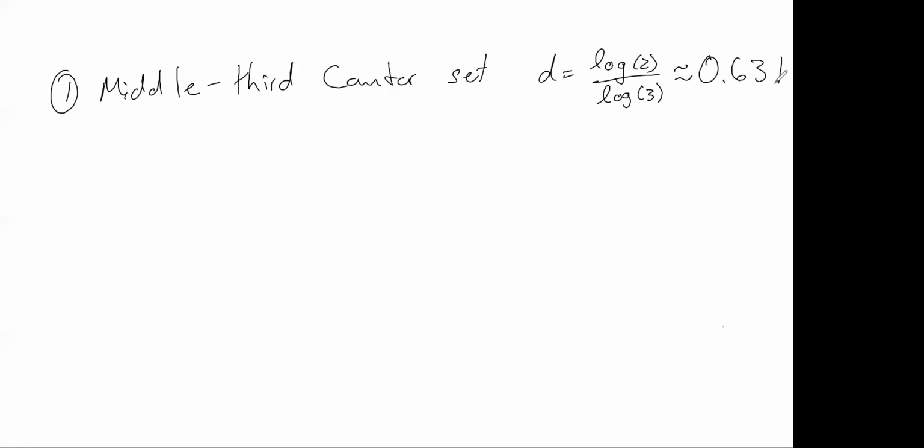As opposed to more familiar figures, we don't get a clean integer dimension like 1, 2, 3, 4. That's why we call these fractals, because of their fractional dimension.